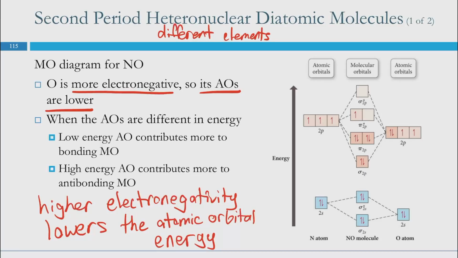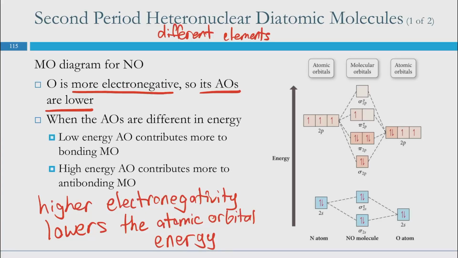How much lower? Some amount. We're not getting into numbers. So just as long as, if you had to draw one of these out, for example, on an exam, just as long as you draw them lower, a perceptibly lower amount, that's good enough.